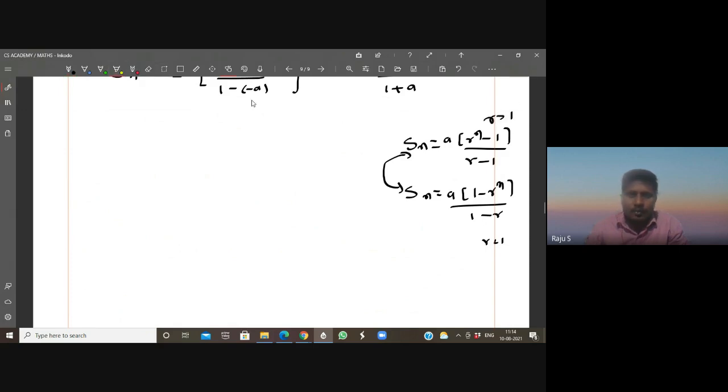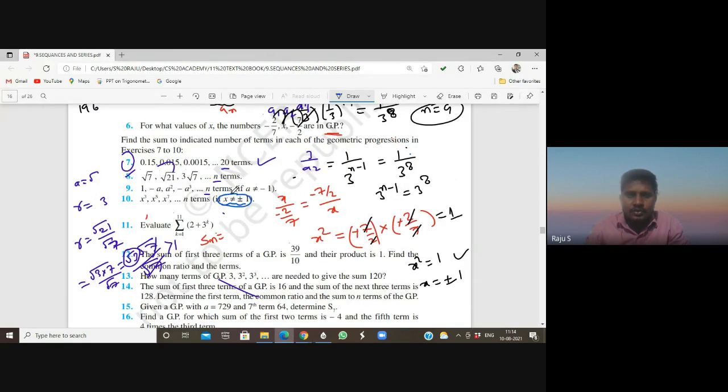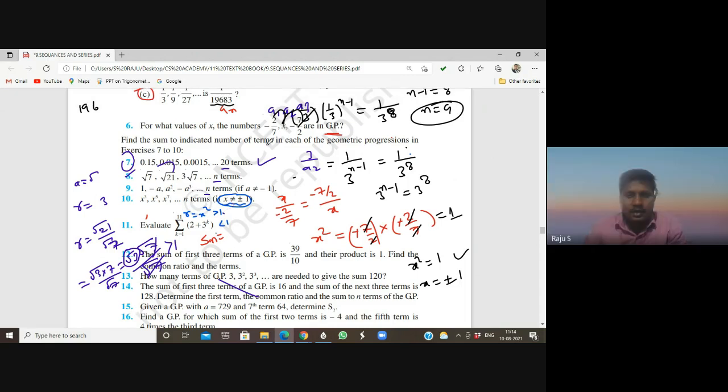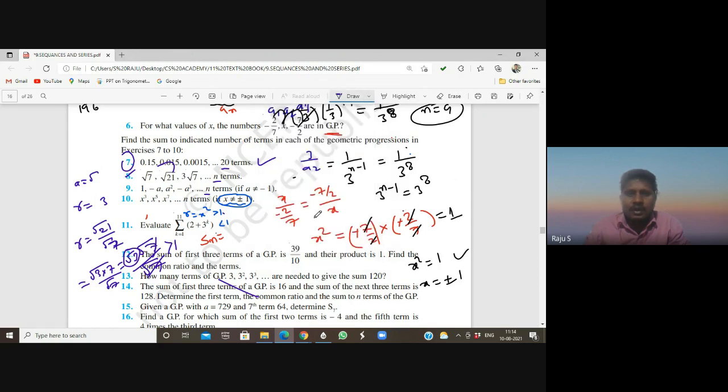Fine. So what is my question here? X should not be equal to plus or minus 1, they have given. Here the common ratio r value you are going to get is x square. Is x square greater than 1 or lesser than 1? Greater than 1, are you sure? Okay, fine. When I take x is equal to 1 by 2, what is x square? 1 by 2 is not equal to plus or minus 1.